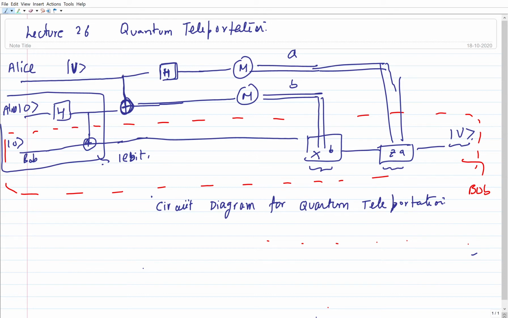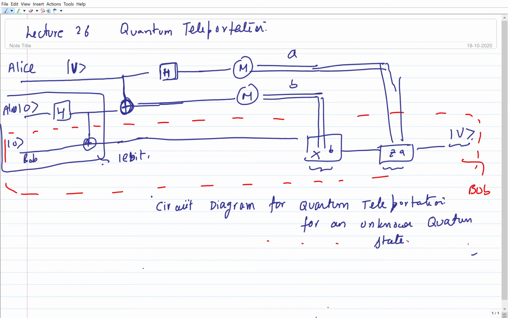Also, mind you, this is the quantum teleportation for an unknown quantum state. Alice and Bob need not know what quantum state is there, and still they are able to accomplish this task.